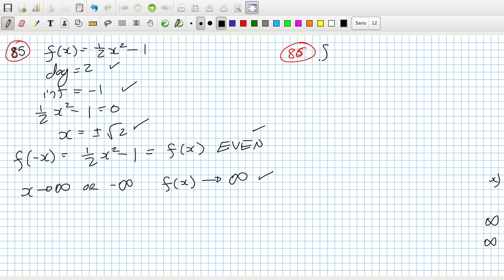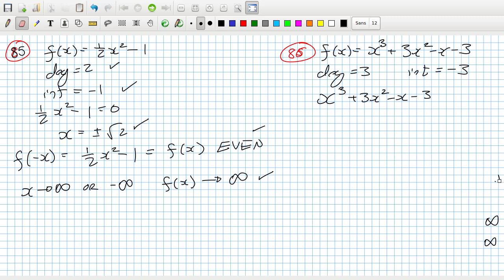Cubic now. f(x) equals x cubed plus 3x squared minus x minus 3. The degree is 3 and the intercept is minus 3. Oh man, they are making me solve a cubic. That's just fine and dandy.